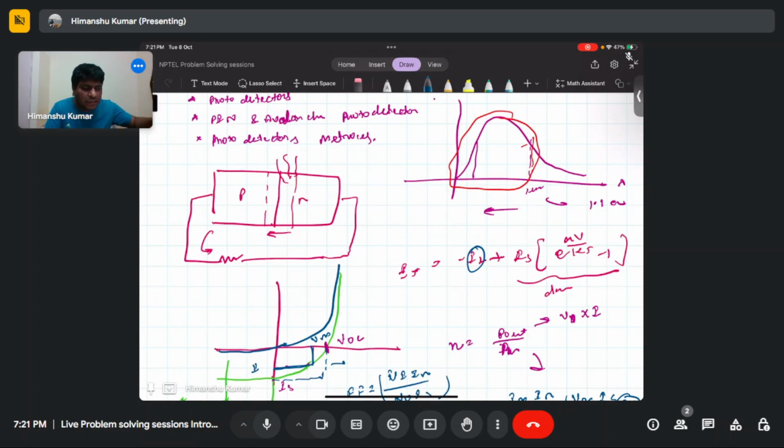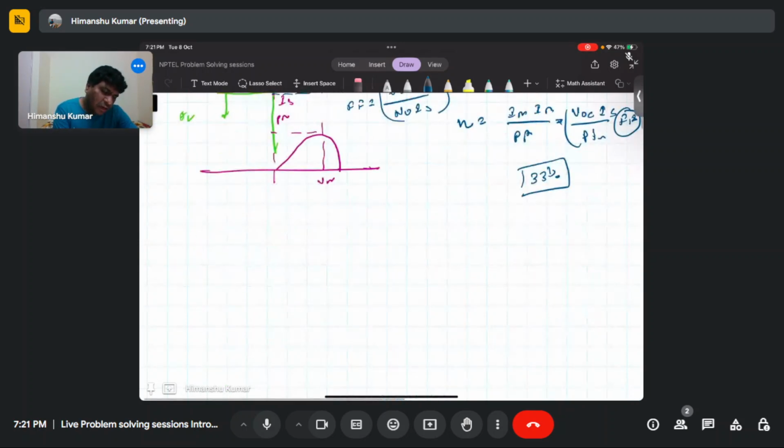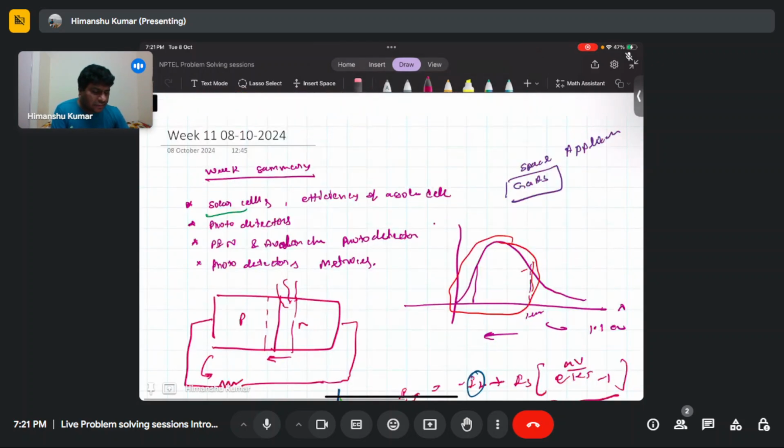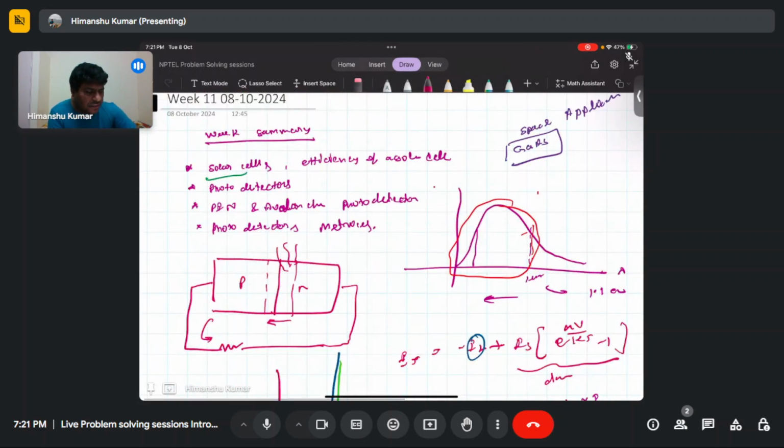There is also some efficiency loss in the solar cell because of various factors. For example, there is absorption of the radiation or photons in the atmosphere, and that atmospheric absorption of different wavelengths leads to an efficiency drop.